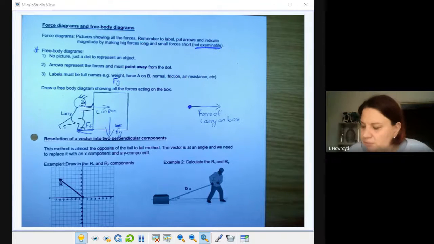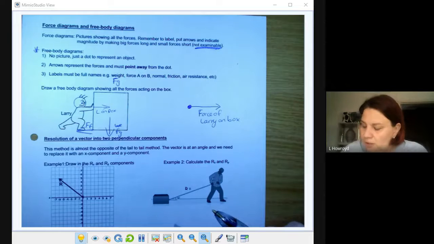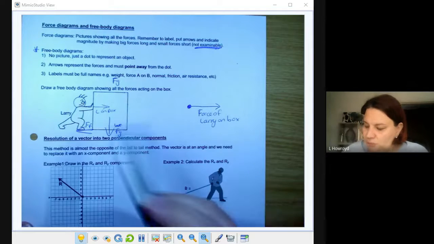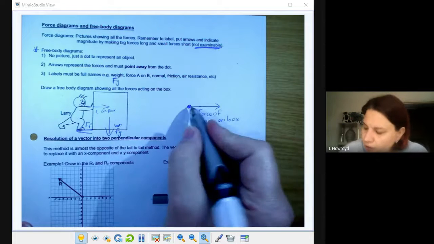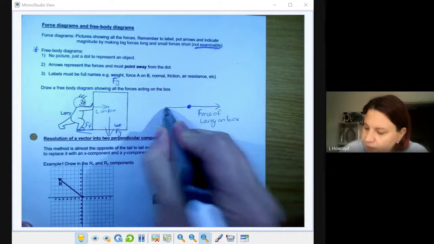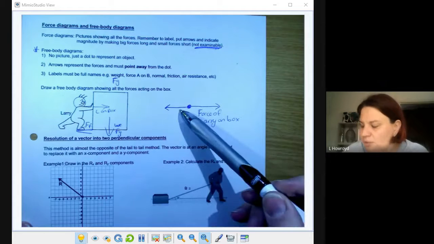You need to be specific. This will help you later on when you do really hectic force diagrams and Newton's laws. Then we know that there's friction acting opposite to the motion, so I'm going to go like that. I'm going to make it slightly smaller than this one.